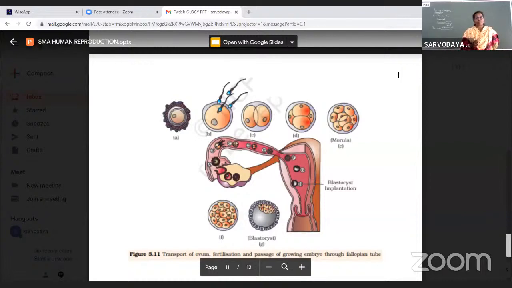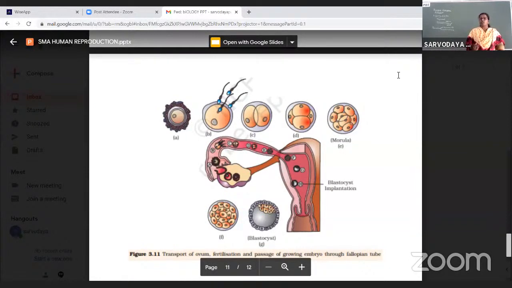So at the end of cleavage, the entire zygote has undergone repeated mitotic division to form a ball of cells. Now, this entire ball of cells is what you call the morula.